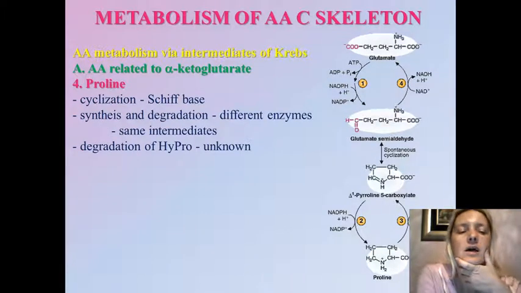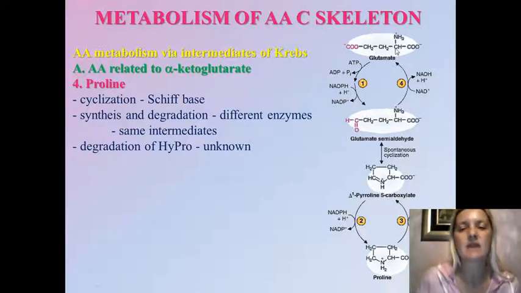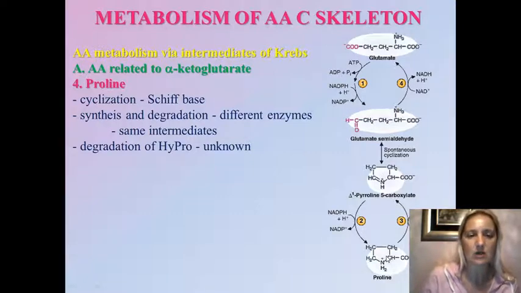Proline, now you can see, as I've promised, the formation of glutamate semialdehyde. So glutamate is phosphorylated and then reduced to glutamate semialdehyde. The only thing that actually changed is the reduction of the carboxylic group to an aldehyde group, and then the aldehyde group undergoes reaction with the amino group, which is the formation of a Schiff base, which yields spontaneous cyclization of the molecule to form pyrroline 5 carboxylate and its subsequent reduction to a proline molecule.